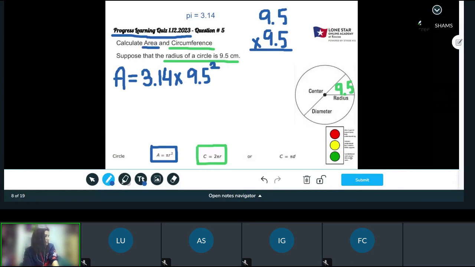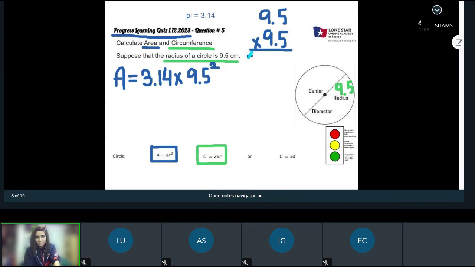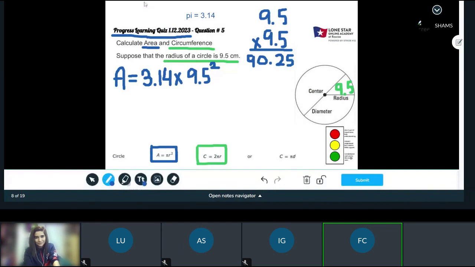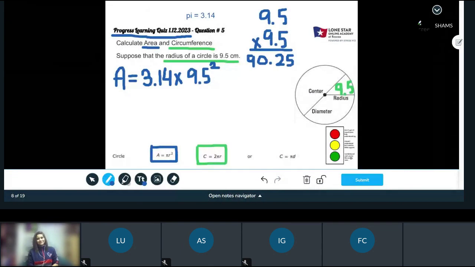Let me see how much you got from 9.5 times 9.5. 90.25. Yes, 90.25. Good, Ben. I don't know if I multiplied right, because I did 9.5 times 9.5 and got 835.